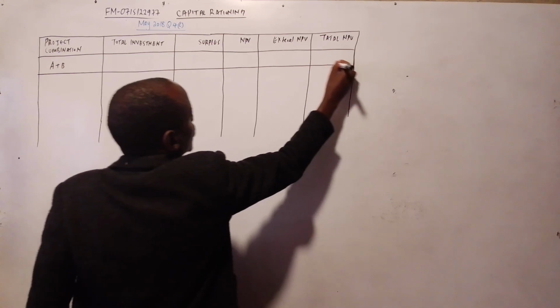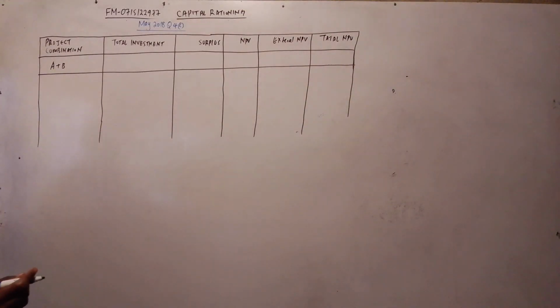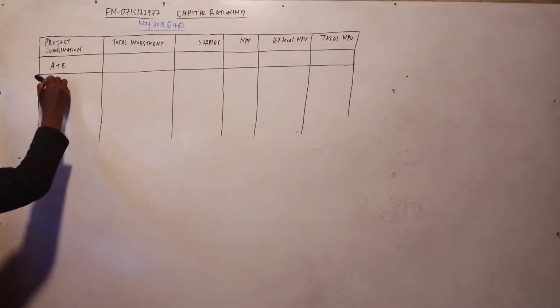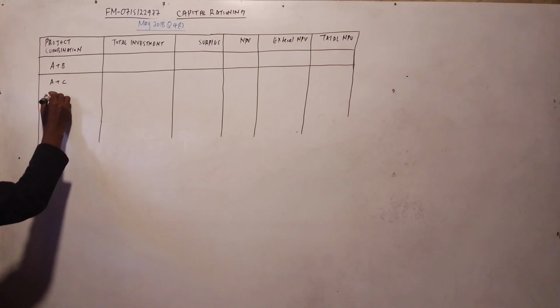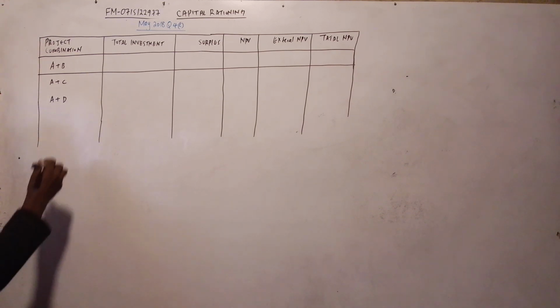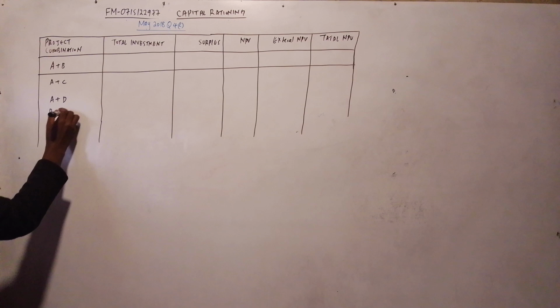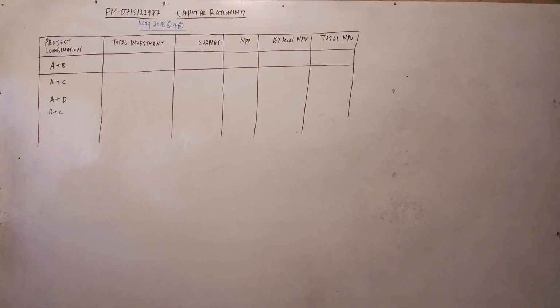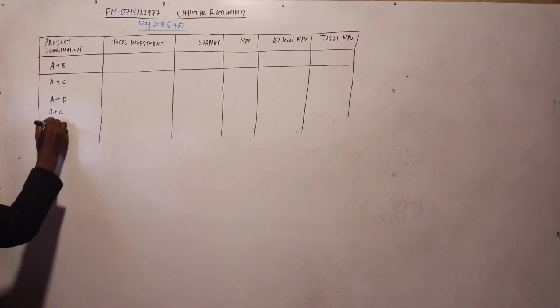You can combine A and C, A plus C. You can also combine A plus D. You can also combine which one and which one? B and C. You can combine B plus C. You can combine B plus D. Which other project can we combine?